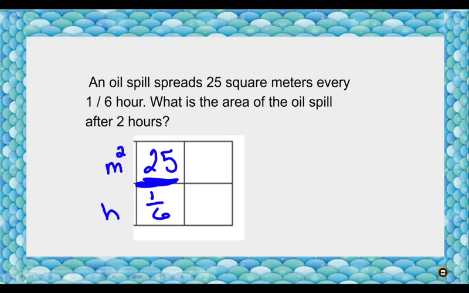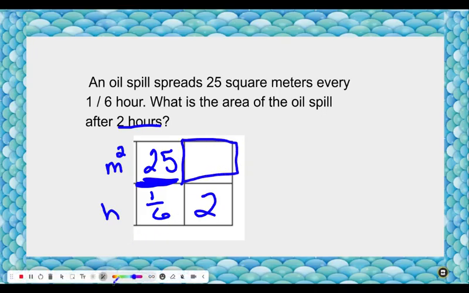So how are we going to find how much the oil spills in 2 hours? Well, our 2 in our ratio table go on the bottom because that's representing our hours, right? So we are looking for this part here. So what's the relationship from 1/6 to 2? Good, times 12. 1/6 times 12 gives me 2.